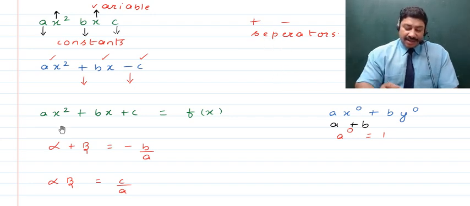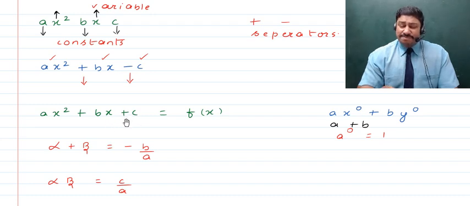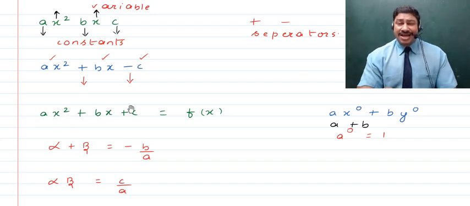Now our general quadratic expression is ax square plus bx plus c, say, some algebraic expression, and this algebraic expression is special because the highest power of the variable x is 2, right? And whenever you have such an algebraic expression where the power of the variable is 2, then it is known as quadratic.